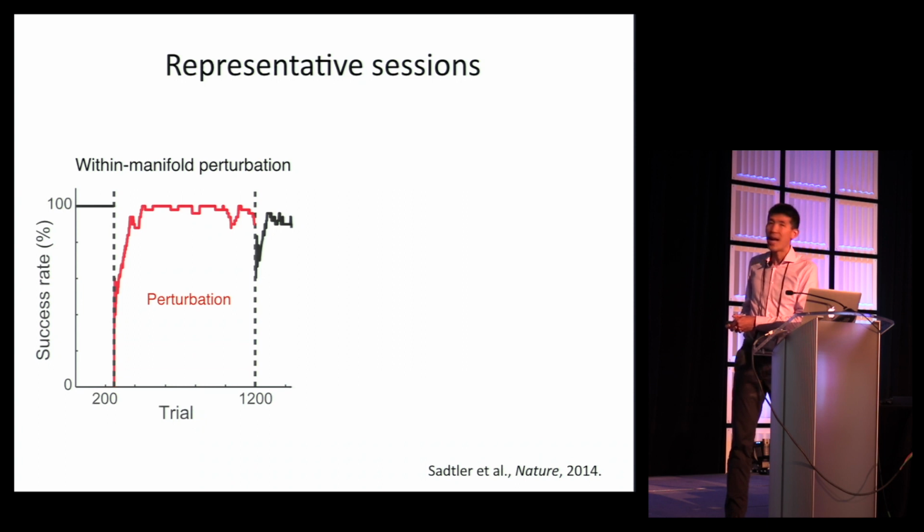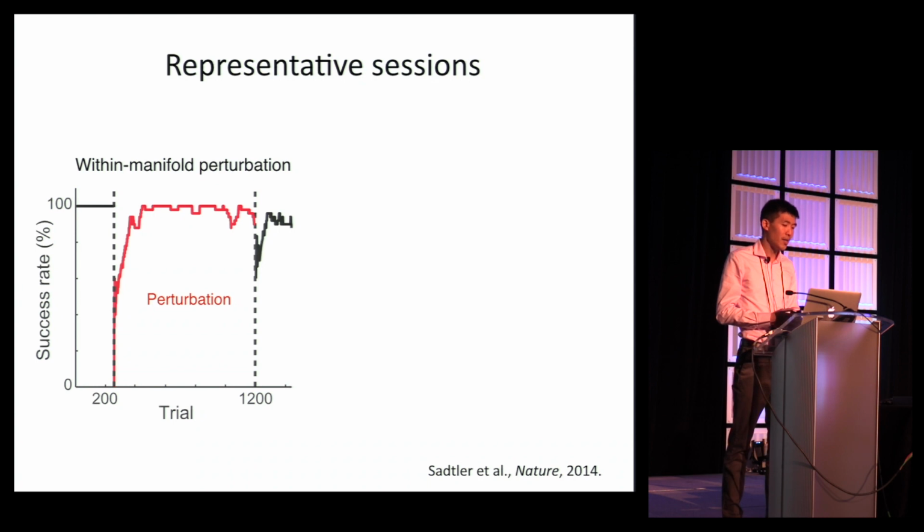As the animal experiences errors, it can learn, and then we see that the performance recovers. Then at the end, we show the intuitive mapping again during a washout session.